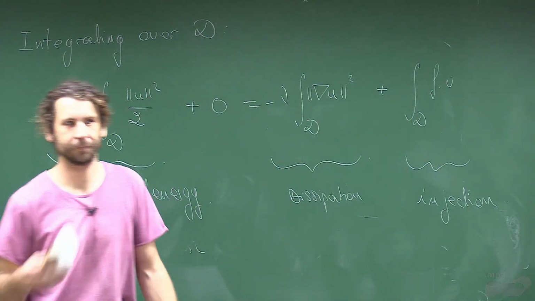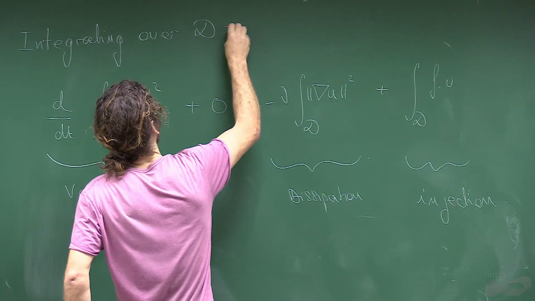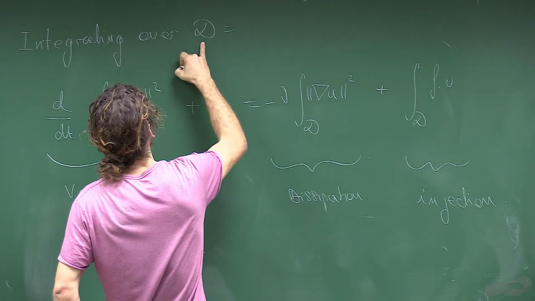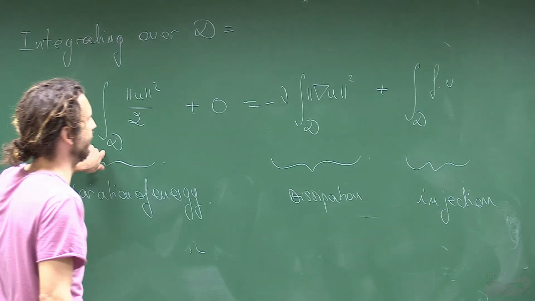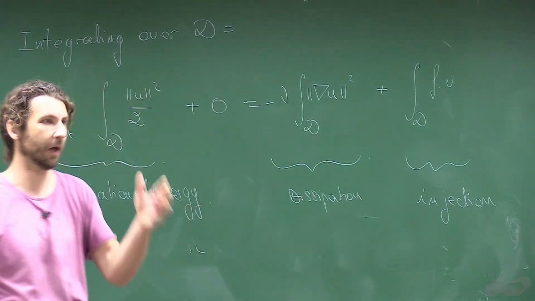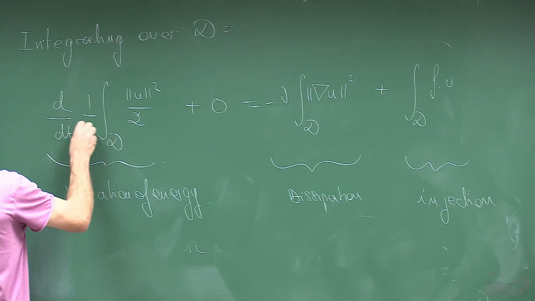So imagine, to keep it simple, let me think of D as a torus of size L by L, that I can divide by the volume of D, typically L cubed.